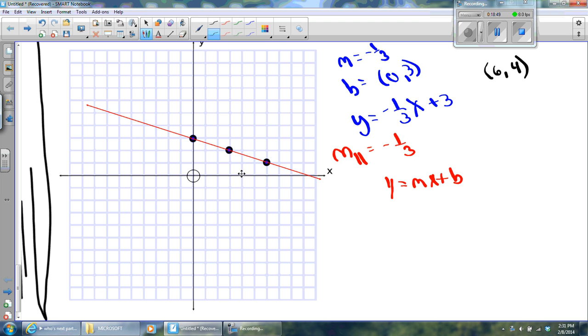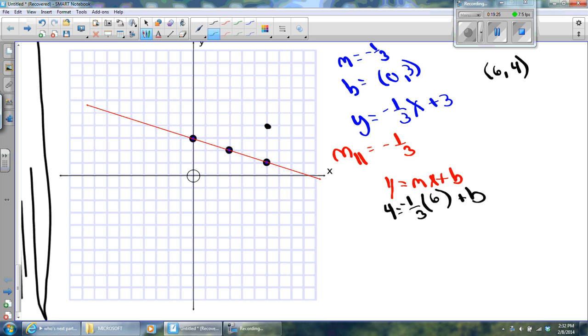Okay, so my parallel line is going to go through 6, 4. Now I know you could just draw it on the graph, but I need an equation. I need to do it algebraically. So I know y is 4, I know m is negative 1/3, and I know that x is 6. I'm solving for b. Let me rewrite that. 4 equals negative 1/3 times 6.